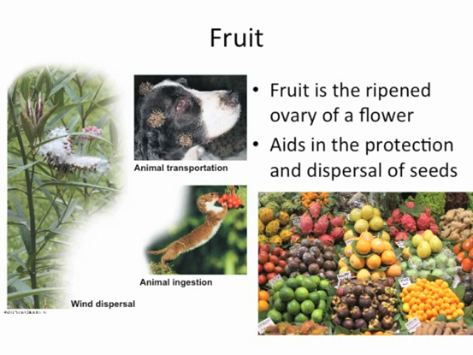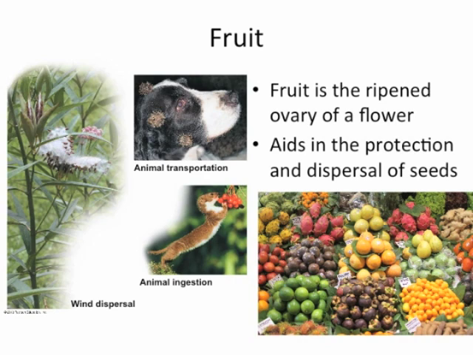There is animal transportation, like burdocks that will just stick to the outside of an animal, and as the animal walks around, it'll eventually fall off and disperse that way. There are fruits that entice the animal to eat them, and they will be digested. Some will have seeds that can survive digestion. Others will count on the animal eating some of the fruit, but not all of it.